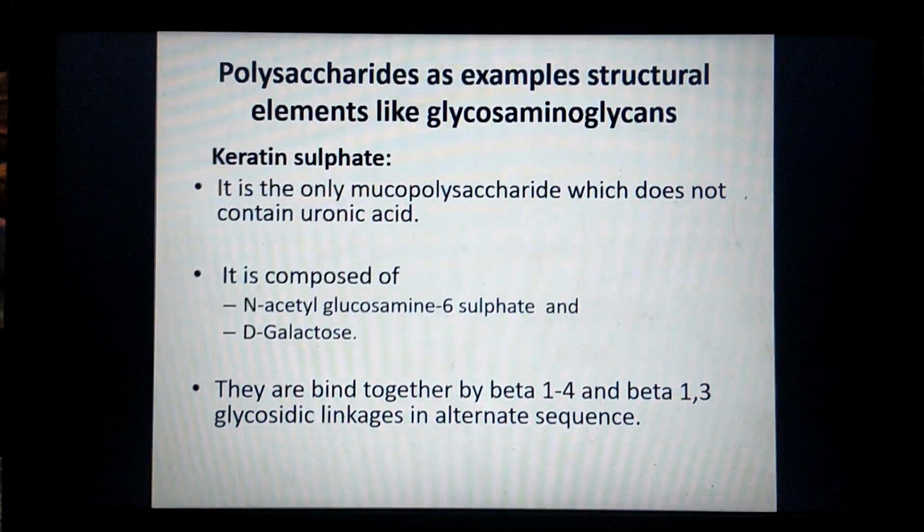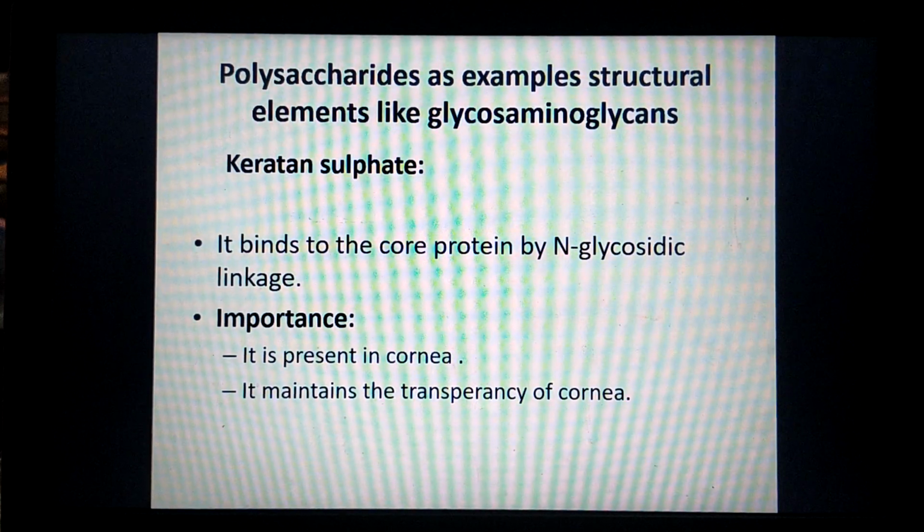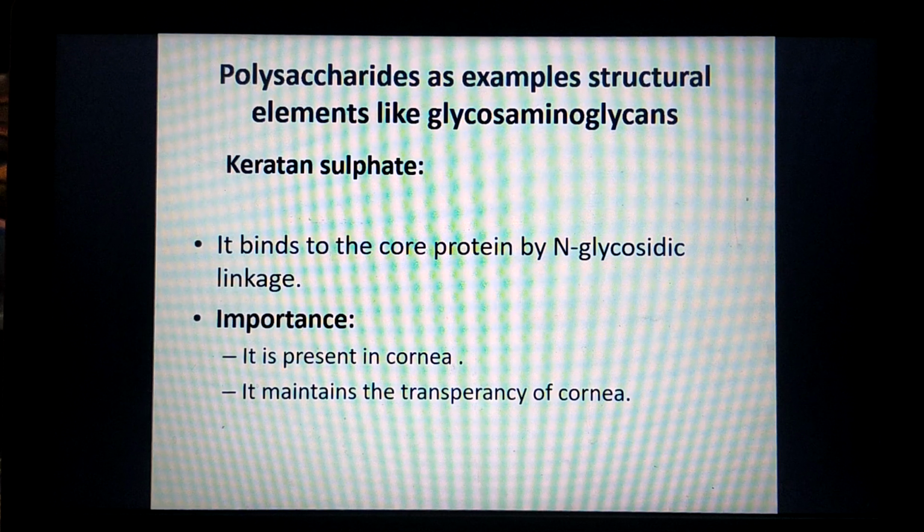So this is the diagrammatic representation of keratan sulfate. N-acetyl glucosamine 6 sulfate binds with galactose. This galactose in turn binds with the next N-acetyl glucosamine 6 sulfate, which binds with the next D-galactose. So in this way alternate amino sugar and galactose are present. Now this keratan sulfate also binds with the core protein, but the linkage here is N-glycosidic linkage.